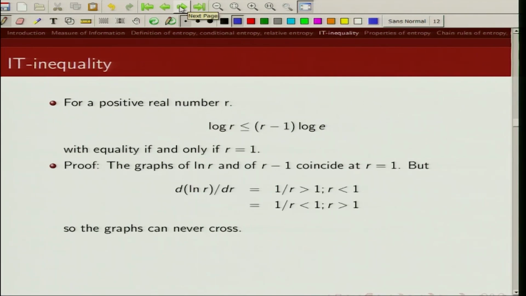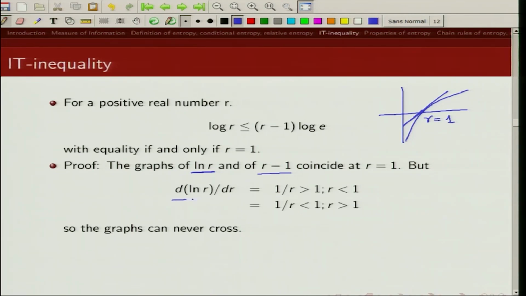Now note that the graphs of natural log of r and r minus 1 coincide at r equal to 1. I am just replotting again. This will be my log function, and this will be my r minus 1. So they intersect at r equal to 1.